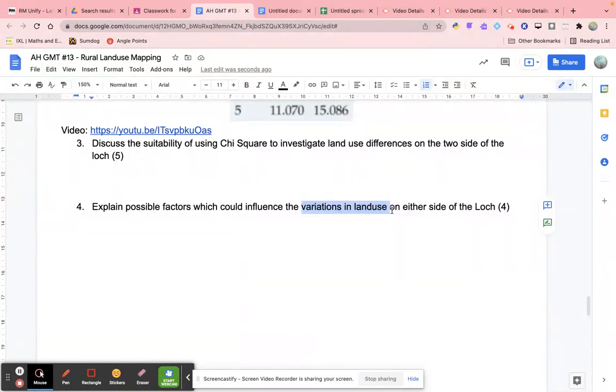Now, we know from our study of glacial landscape features like corries that they tend to form on north-facing slopes because north-facing slopes receive less solar insolation and therefore are cooler, and that's why corries form. Well, that's why glaciers form, which leads to corries forming. Now, that same rule applies to land use.